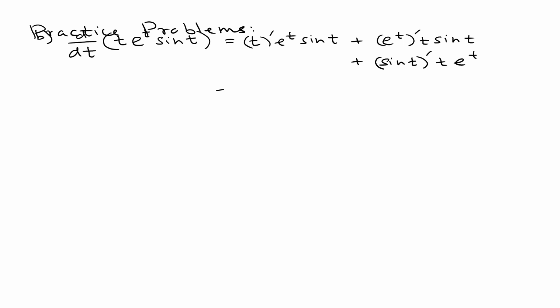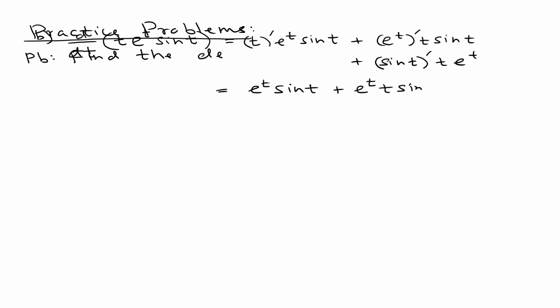Okay, so let's find the derivatives. The derivative of t is 1, so you get e^t sin t from the first one, plus the derivative of e^t is e^t again, so it's e^t t sin t, and the derivative of sine is cosine, times t e^t.